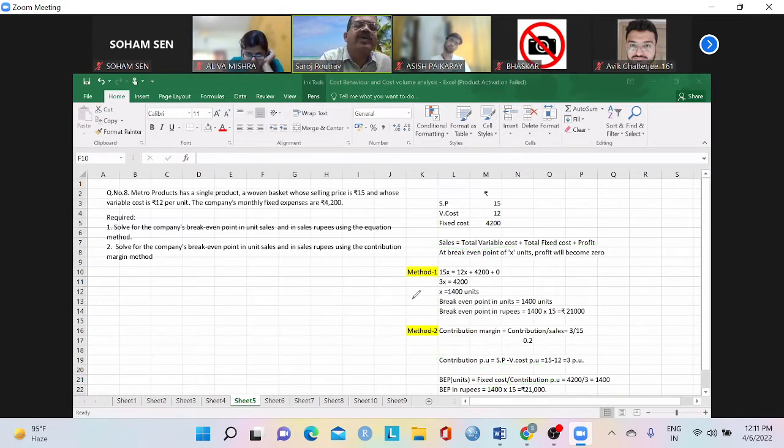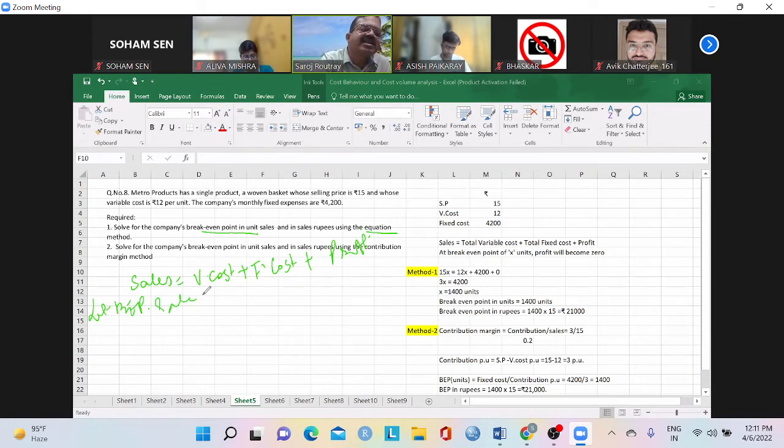So we are first asked to find out the BEP using equation method. So let's use that equation method. What is that? Equation: sales equal to variable cost plus fixed cost plus profit. Right? So we will use this always. But here we want to find out the BEP sales. So let BEP sales be X. So what will be the sales?